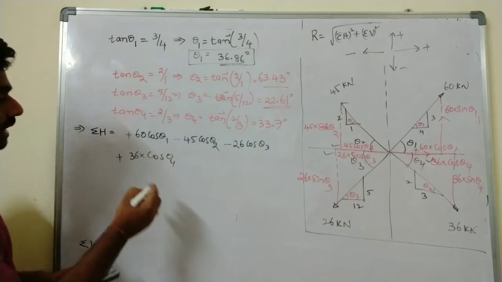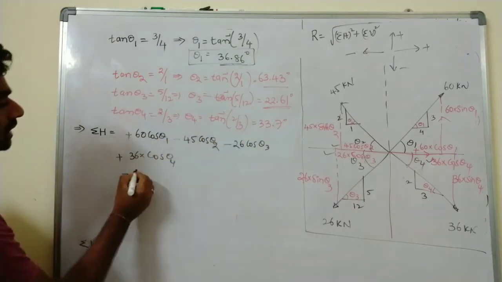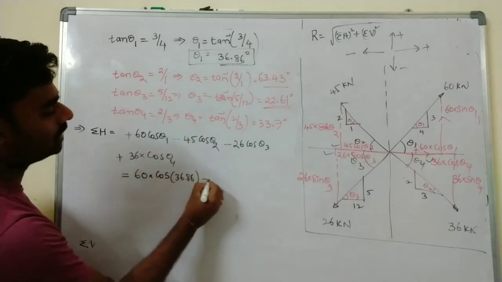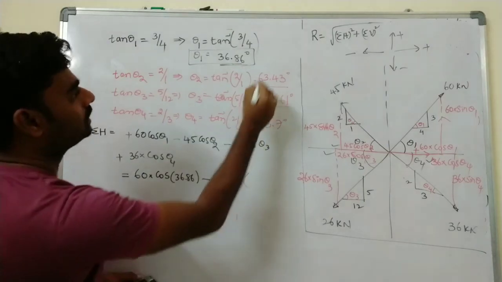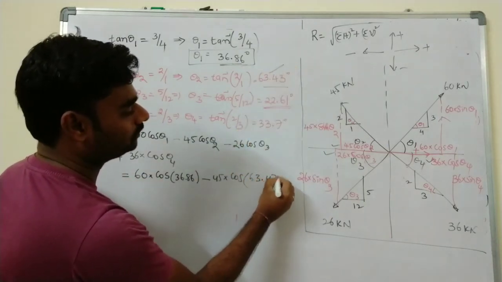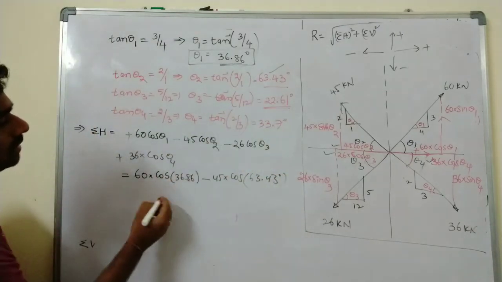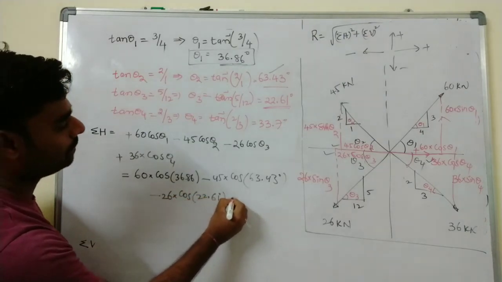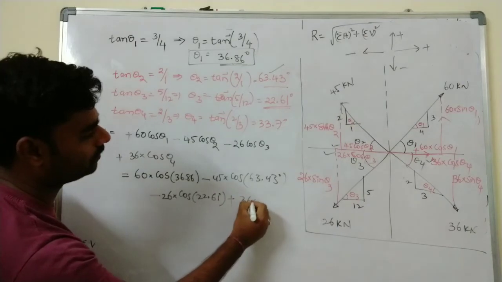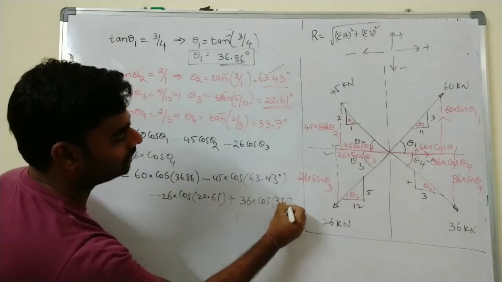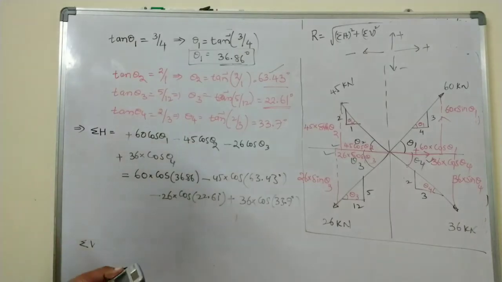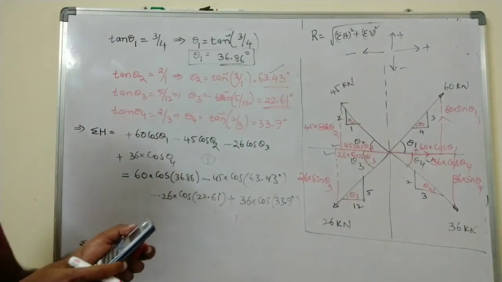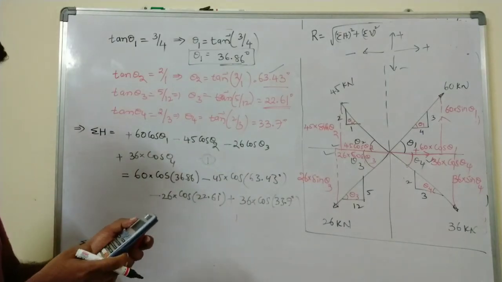Next, please substitute theta 1, theta 2, theta 3 and theta 4: 60 into cos 36.86 minus 45 into cos theta 2, where theta 2 equals 63.43, minus 26 into cos theta 3, 22.61, plus 36 into cos theta 4, where theta 4 equals 33.7, in this equation 1.